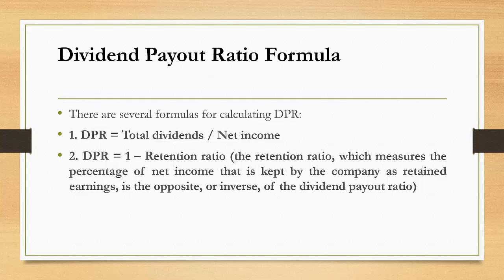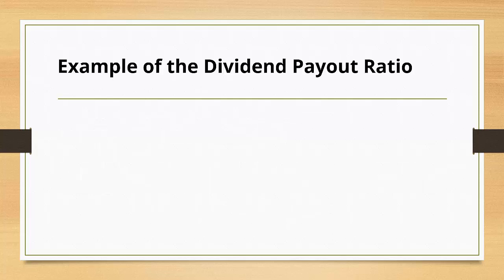The retention ratio, which measures the percentage of net income that is kept by the company as retained earnings, is the opposite or inverse of the dividend payout ratio. The third one is dividends per share divided by earnings per share. So we have these three formulas to calculate dividend payout ratio.